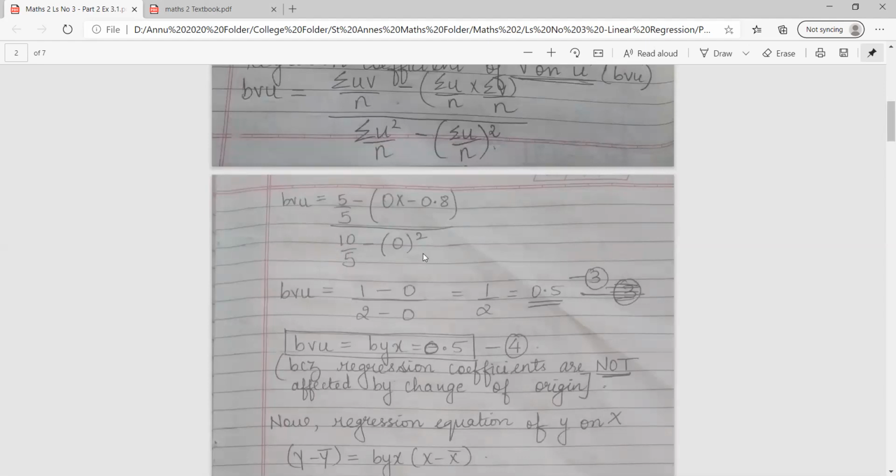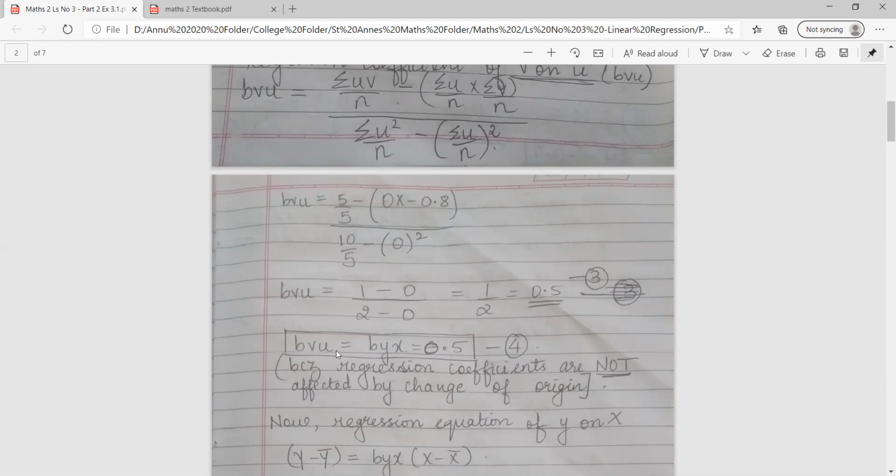So in this case class, as you can see, 5 gets cancelled, and 5 twos are 10, gets cancelled. 0 into anything will give you a 0. So I get the value as 1 minus 0 upon 2 minus 0, which is 1 upon 2, which comes to 0.5. So I have named it as 3.